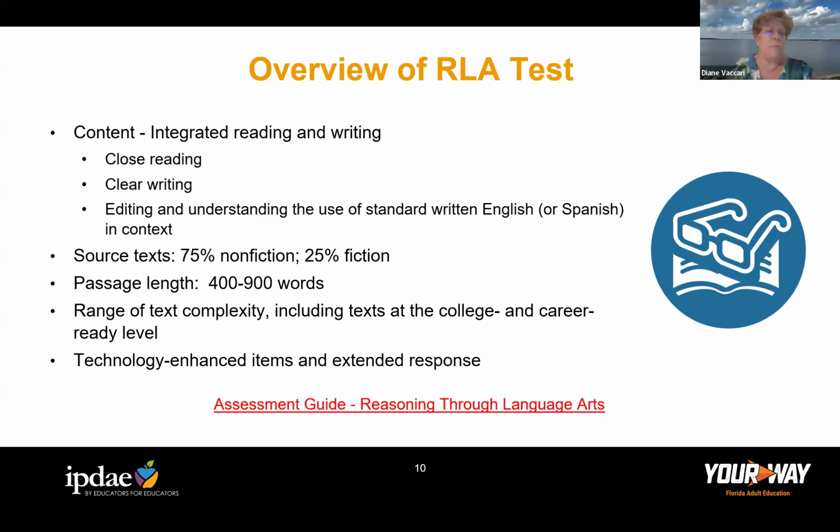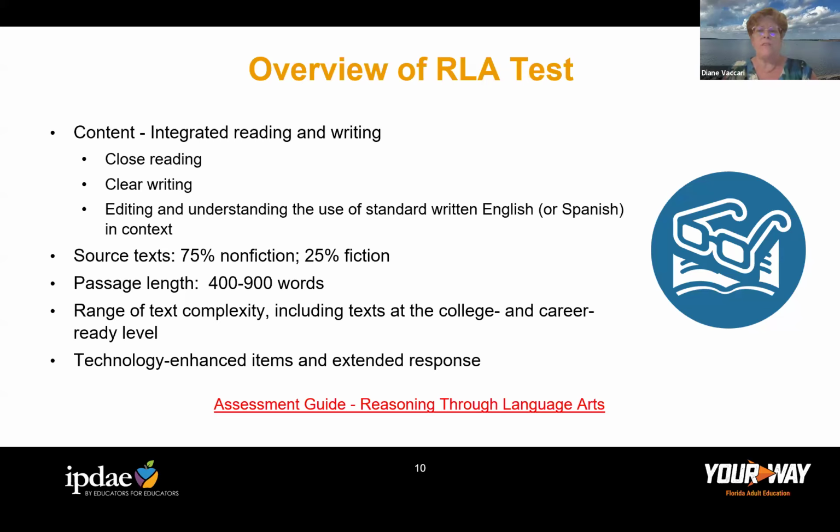But just to give you a little bit of an idea, it does integrate reading and writing together. Source texts are mainly nonfiction. The passage lengths are 400 to 900 words that the individuals have to read. And there's a range of text complexity.